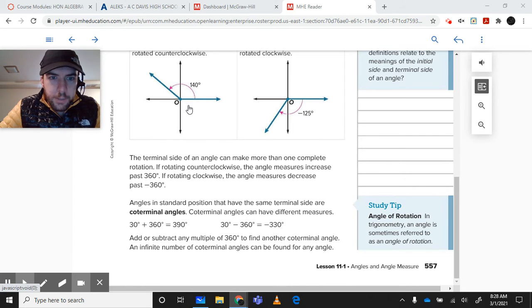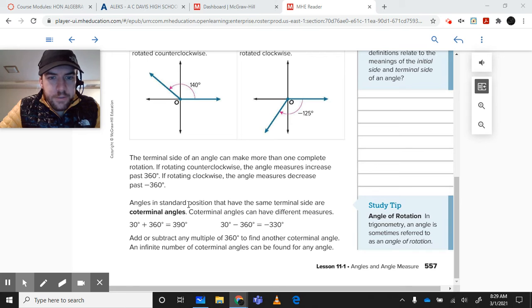If rotating counterclockwise, the angle measures increase past 360 degrees. If rotating clockwise, the angle measures decrease past negative 360. So you can go up past 360, or you can go down into the negatives past negative 360. This ray can just keep spinning around and around to make larger and larger angles.